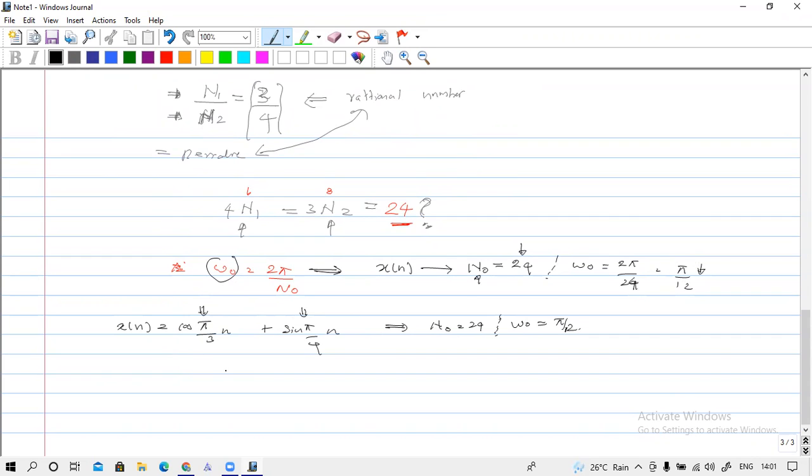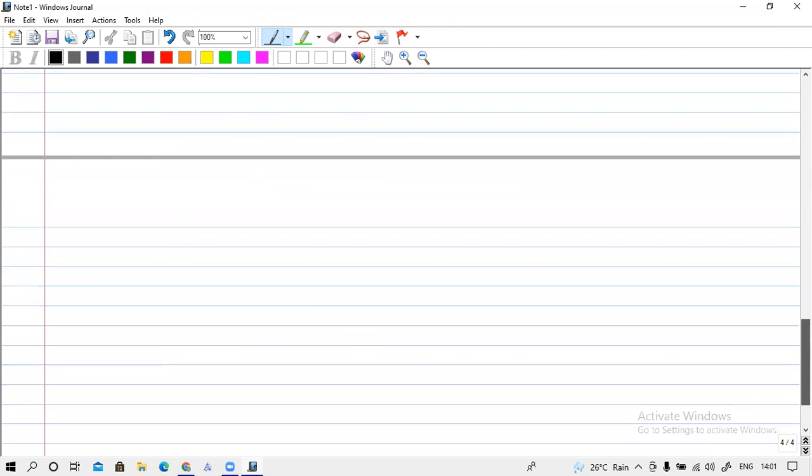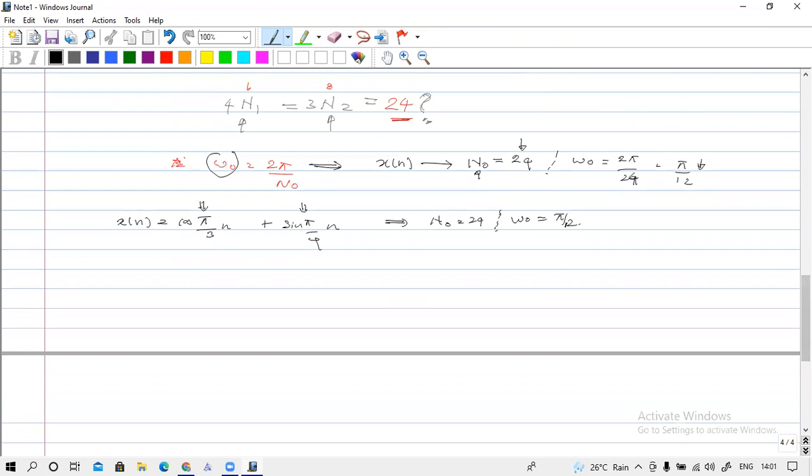Okay, so here we have a cosine and a sine wave. We can directly express these two terms in exponential terms, no? You know Euler's formula: e^{jθ} is equal to cos θ plus j sin θ, and e^{-jθ} is equal to cos θ minus j sin θ.